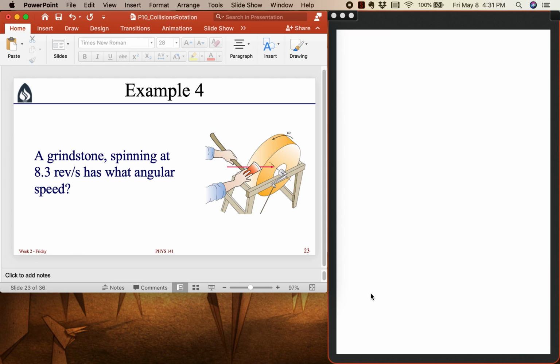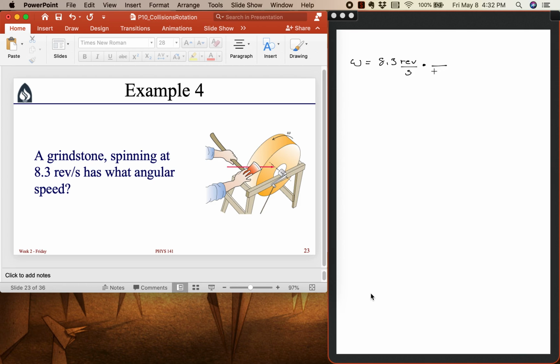So we know that our angular speed is 8.3 revolutions per second, and we want this quantity to be in radians per second.